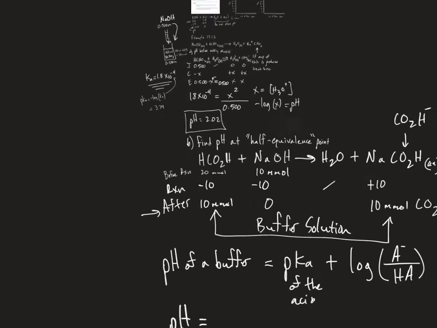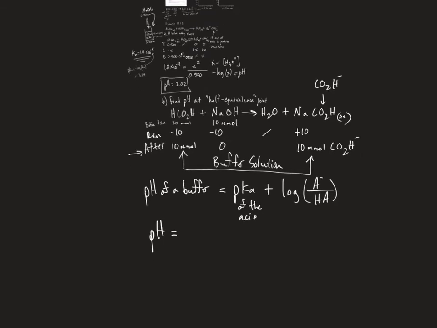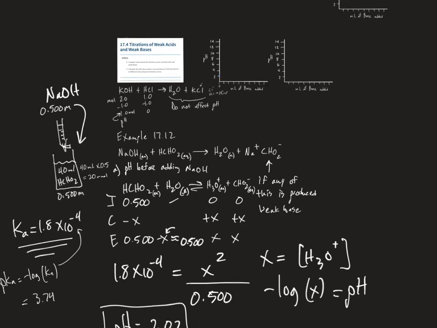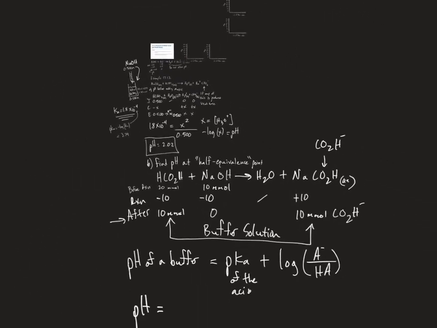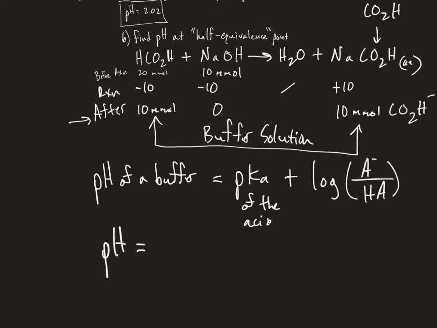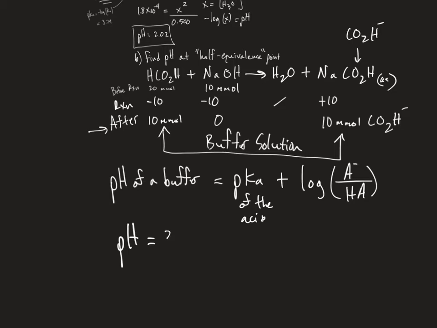So let's come back down here. I'm getting started small, and now I'm just zooming out and zooming out. Kind of bizarre. I'm not quite used to this style of program yet, but it's kind of fun. So we've got the 3.74 plus the log of, what's my ratio of A minus to HA? In this case, I could screw this up and put HA on top, but they're both 10 millimoles.